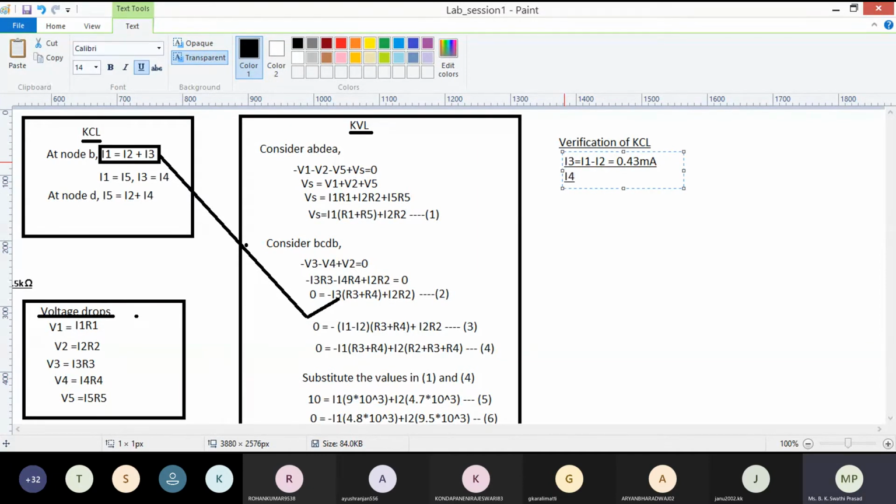What is I4? 0.43 milliampere, same as I3. What is I5? 0.87 milliampere, same as I1. How much? 0.877 milliampere.